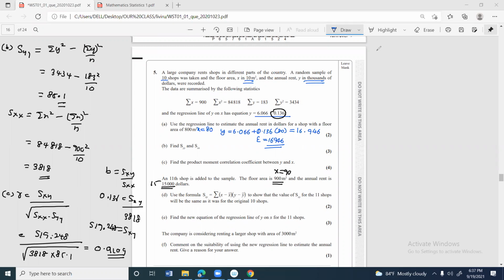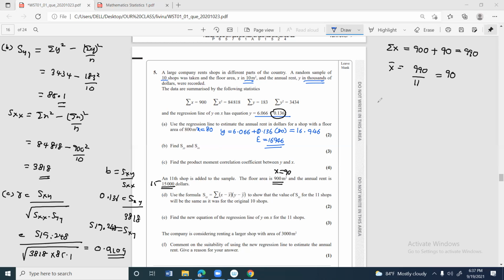So now you can see if you get the new value, another 90 is added with it. Summation of x becomes, initially it's 900 plus another 90, it's turned up to 990. Therefore, x bar would be 990 divided by 11, since there are 11 elements with it. So it's still 90.